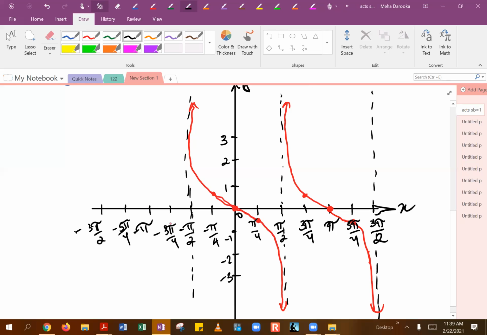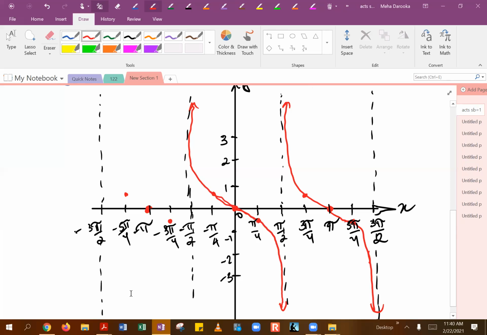So that actually means that at negative 3 pi halves, we would have a vertical asymptote again. Halfway between that, at negative pi, we would again have our x-intercept. At negative 3 pi over 4, you would be at negative 1/2. At negative 5 pi over 4, we would be at positive 1/2.